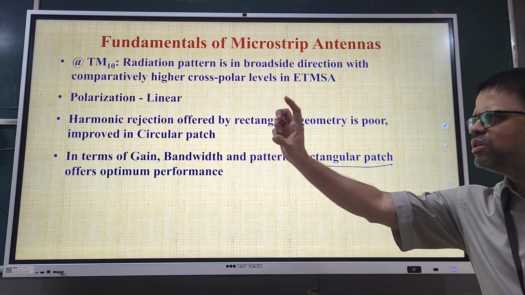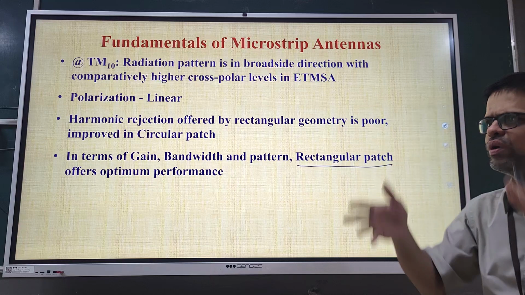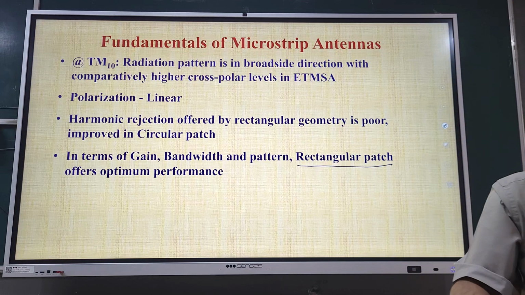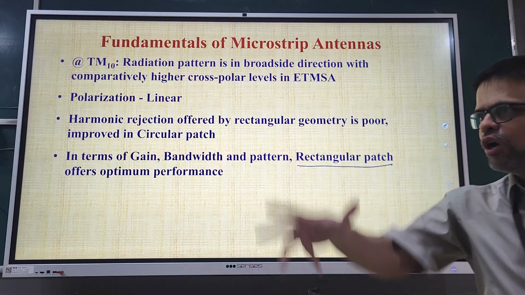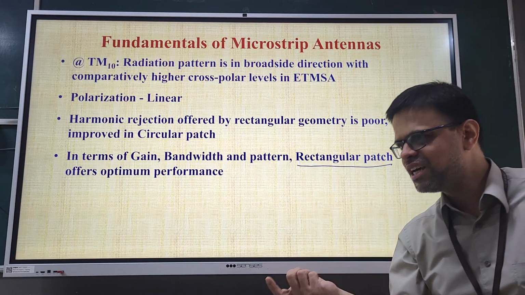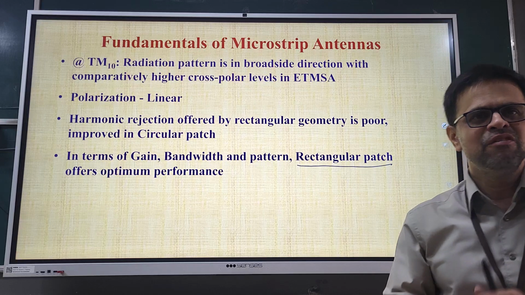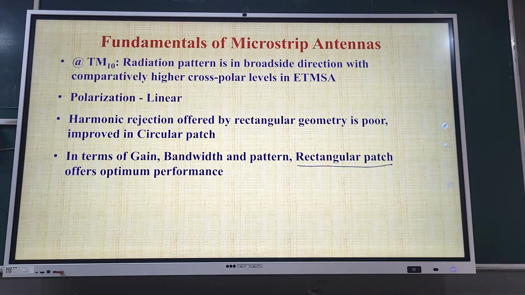How much? It was 182 and 175. If I compare everything put together, as an optimum solution, as a user, I will say RMSA is better. In drawing also RMSA is better to be used rather than a circular patch. So from all these perspectives, rectangular patch is the optimum solution against our other two regular shape geometries.